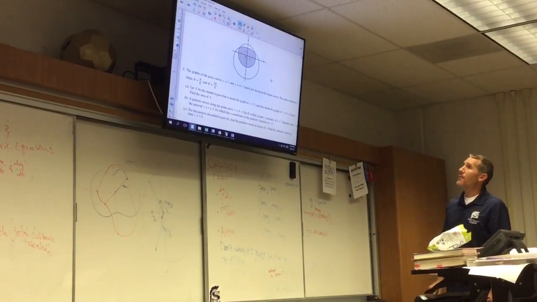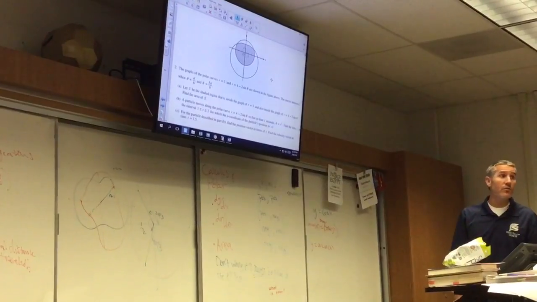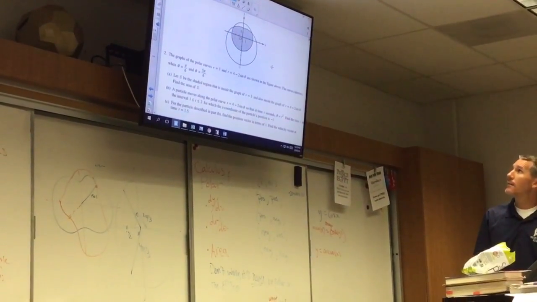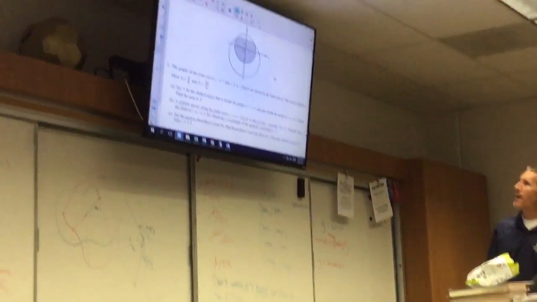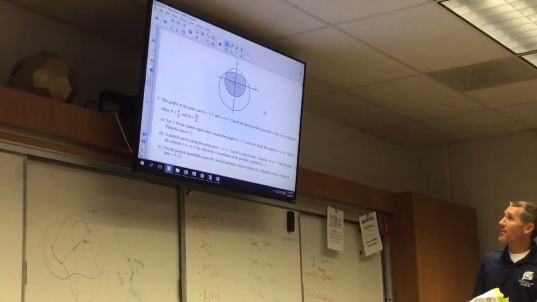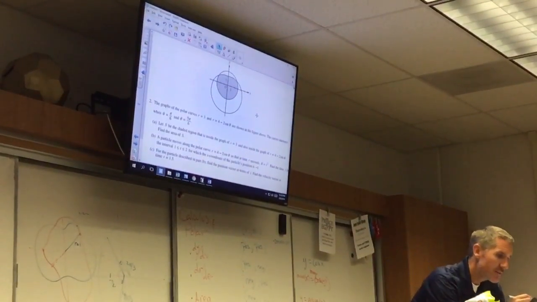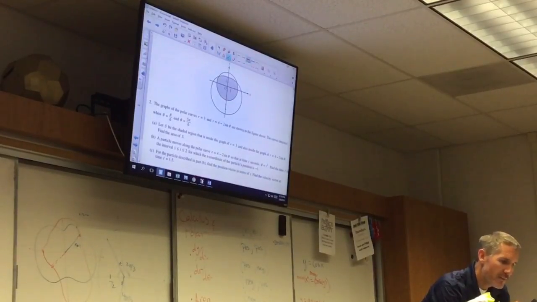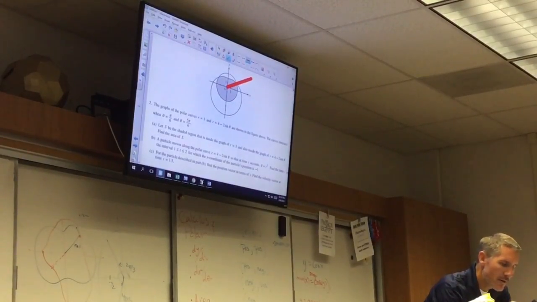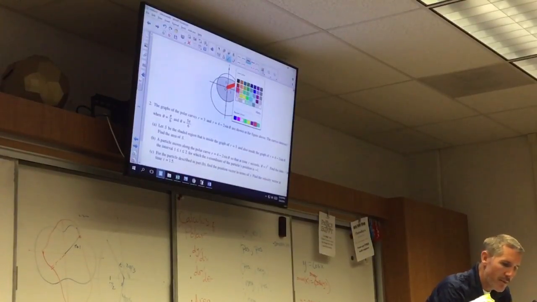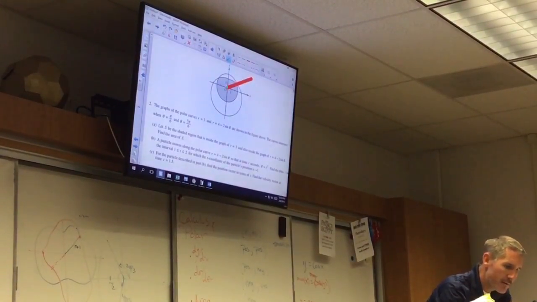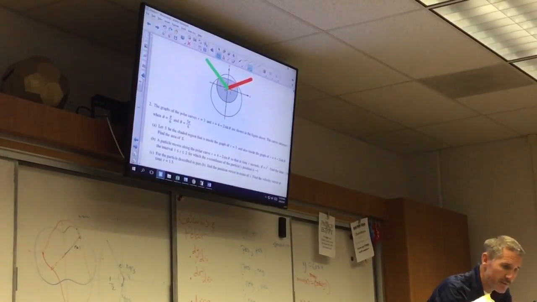And we have that the graphs are r equals 3 and r equals 4 minus 2 sine theta. But they intersect when theta is equal to pi over 6. So they're giving us that this right here is pi over 6. And this over here is 5 pi over 6. That's the information that they give us.